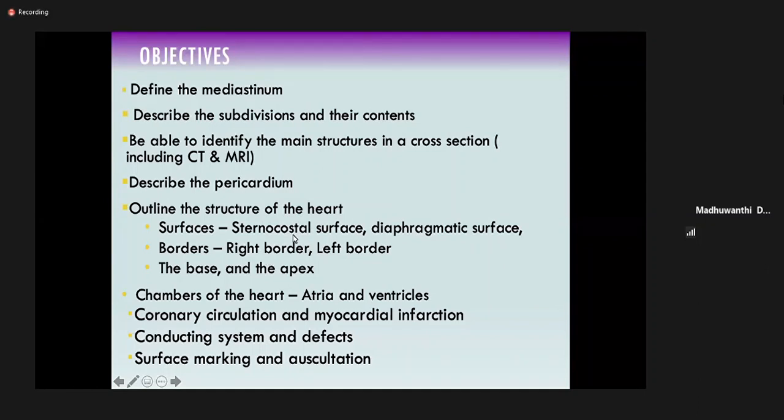When you are learning about the heart, you have to learn the structure, basically the surfaces. There are two main surfaces, sternocostal and diaphragmatic, and also the base of the heart. And then the borders, the right border and the left border, you will learn about these later, as well as the base and the apex. Then about the chambers of the heart, you will have to learn a little more in detail.